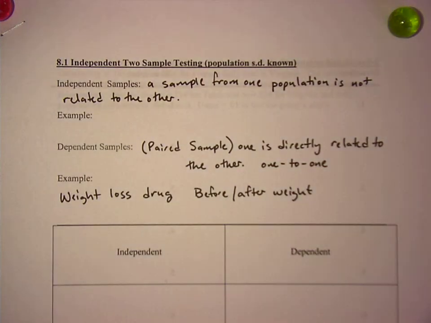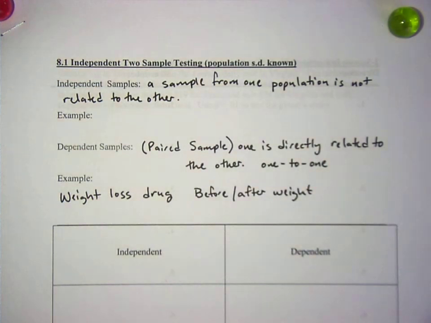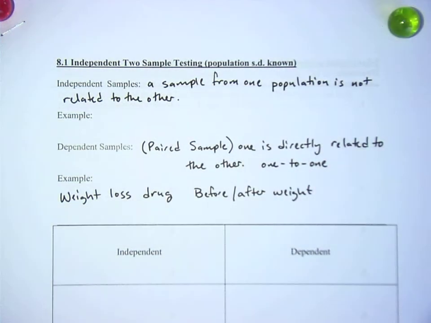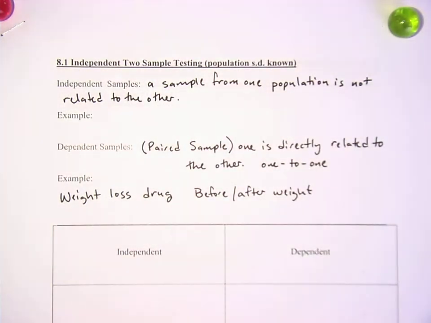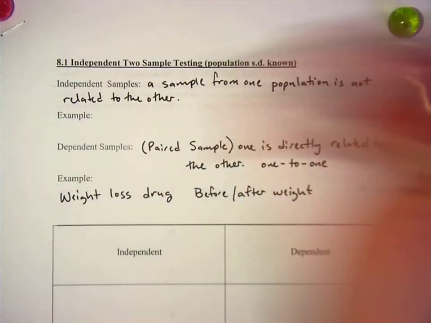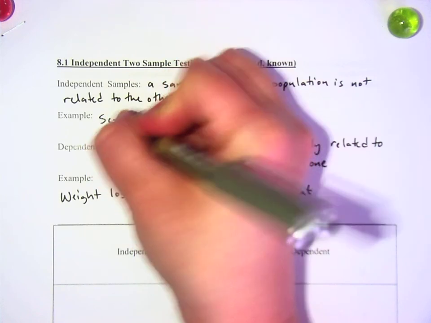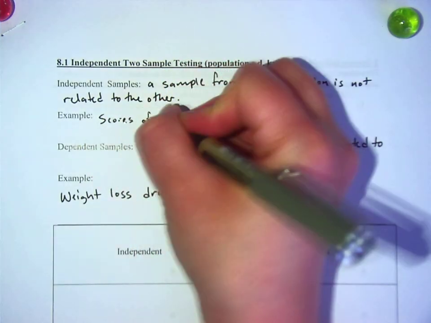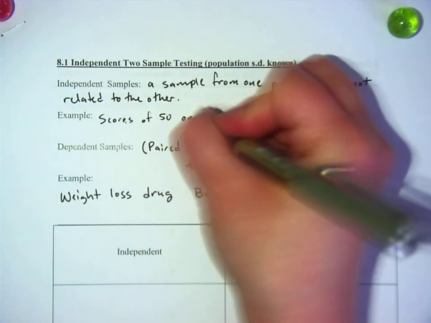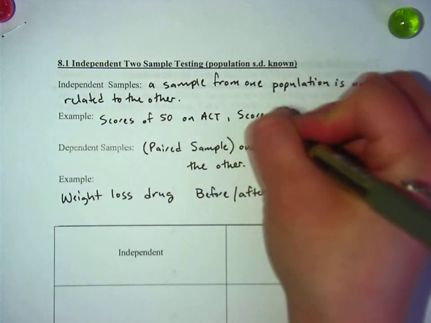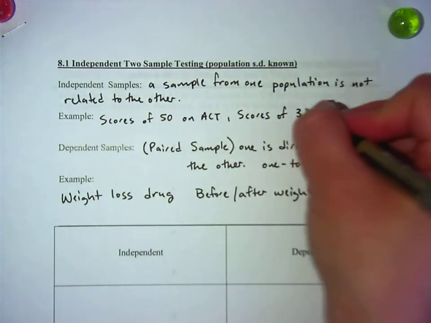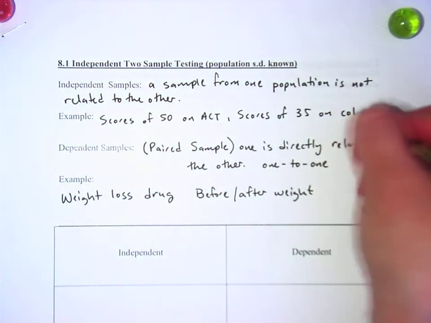An example of that would be the scores of 50 of our students on the ACT, and then the scores of 35 students on college entrance exams.